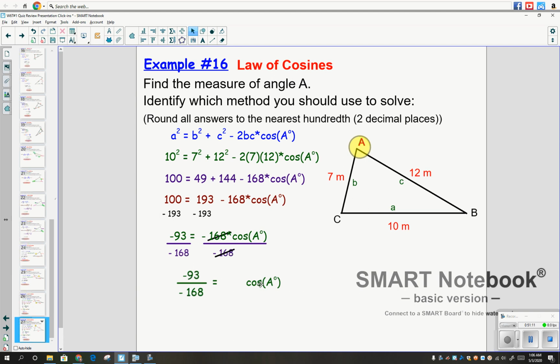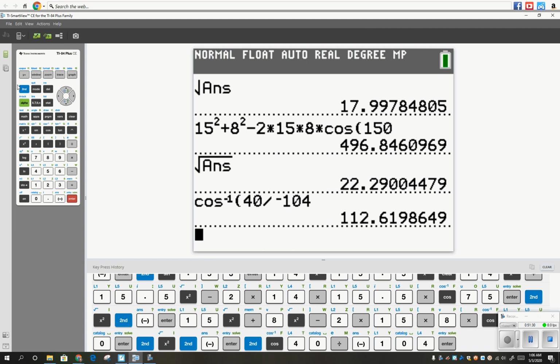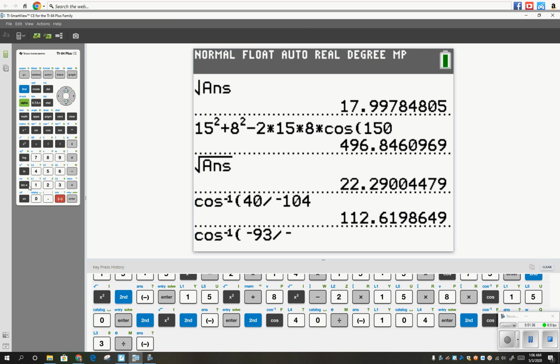I'm solving for A. How do I get rid of cosine? What is the opposite of taking cosine? The inverse. Cosine inverse of cosine. They'll cancel each other out. Leaves me with just A. A equals cosine inverse of negative 93 divided by negative 168. Negative 93 divided by negative 168.